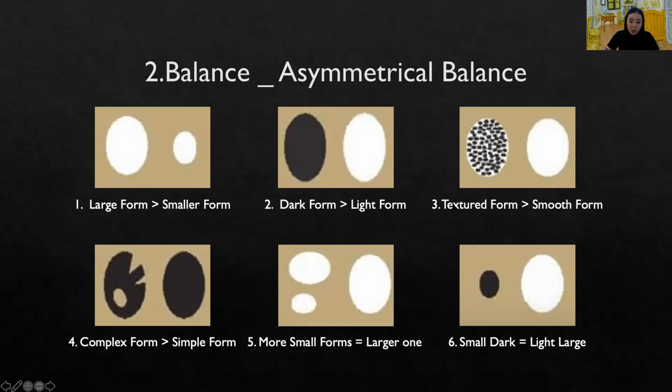Number 3, the textured form is visually heavier than a smooth form of the same size. Number 4, the complex form is visually heavier than a simple form of the same size. And the 5th one, two or more small forms can be balanced with a large one. And the last one, a smaller dark form can balance a larger light one.